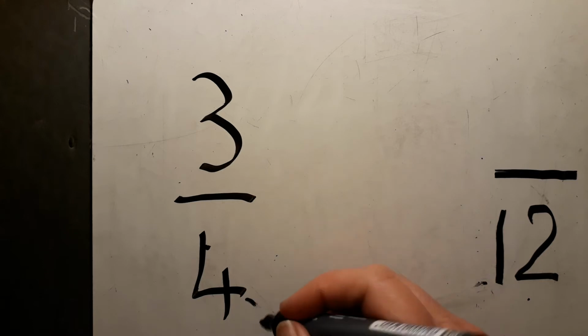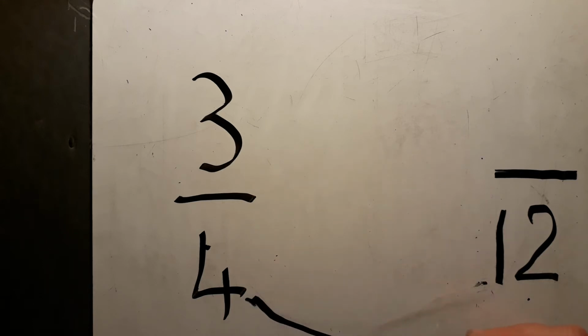I need to think what I need to do to 4 to make 12, in multiplication. I'm going to multiply: 4 times 3 is 12.